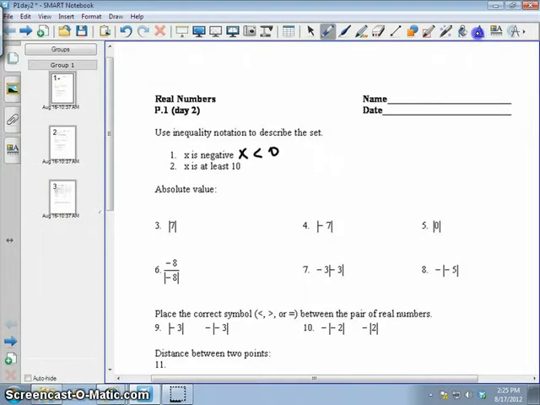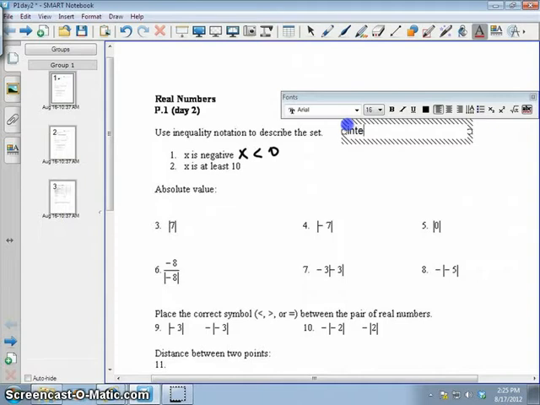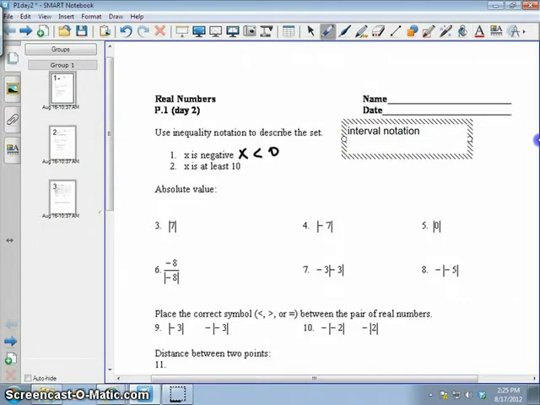The interval notation for that is a parenthesis with negative infinity, comma, 0, and then another parenthesis.